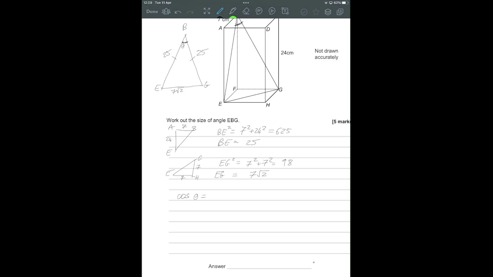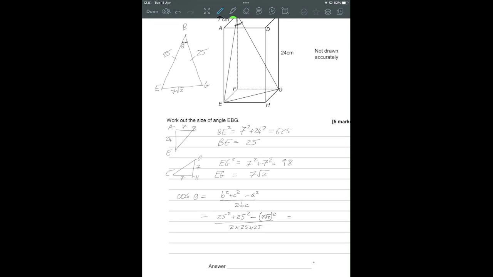So cos of theta, making sure we get it the right way round, is the b squared plus c squared minus a squared all over 2bc, where b and c are the sides next to it. That's 25 squared plus 25 squared minus 7 root 2 squared all over 2 times 25 times 25.